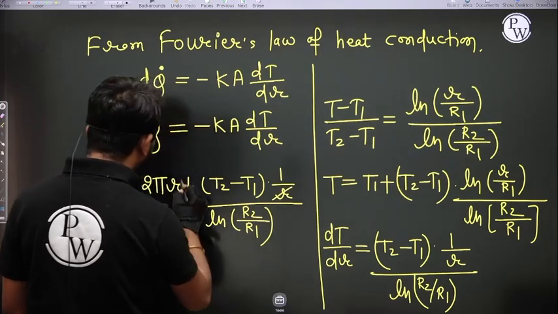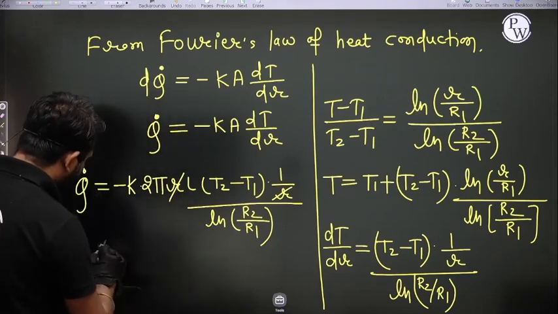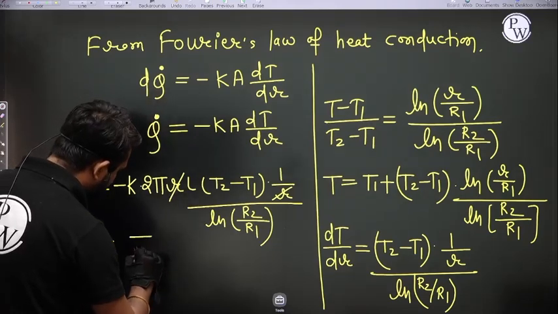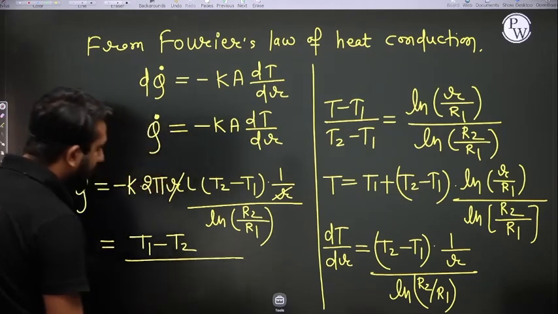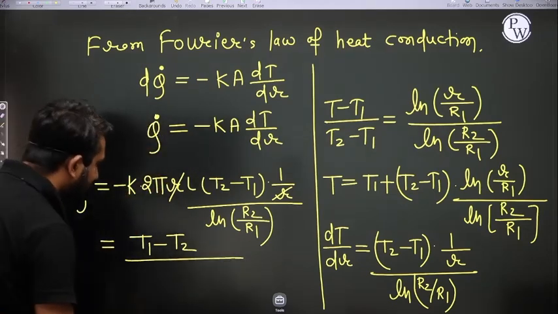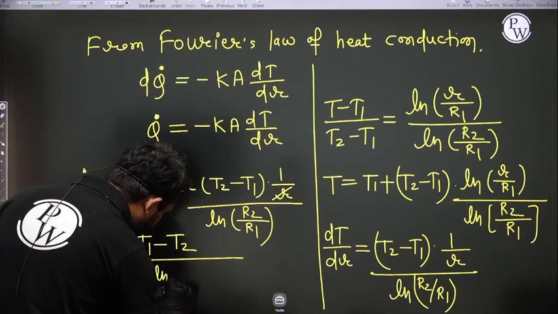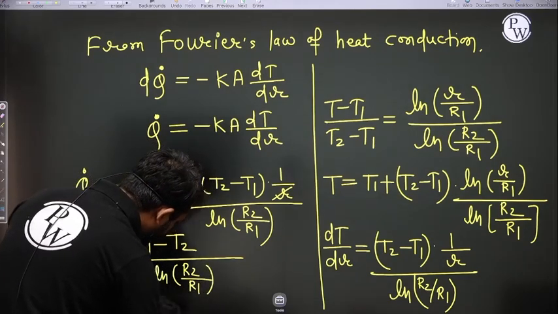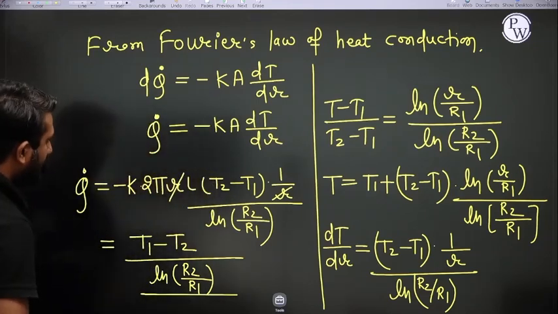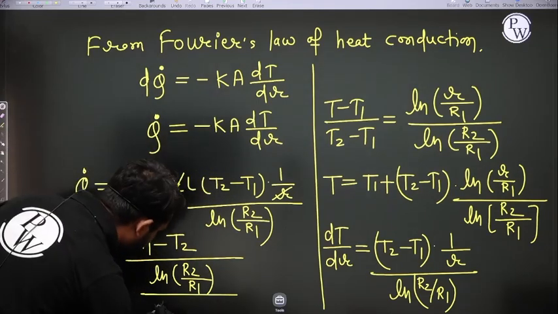Okay, so R cancels out. So ultimately what you are getting is T1 minus T2, and we can arrange this term in this way: T1 minus T2 divided by ln R2 by R1 divided by 2 pi KL.